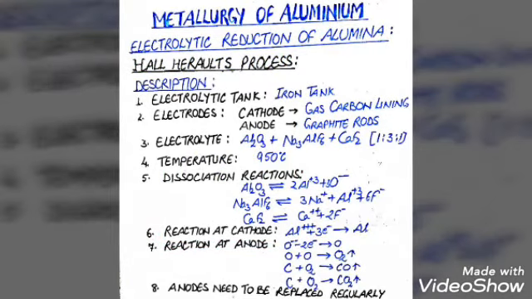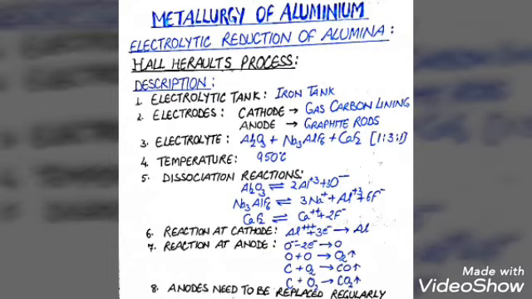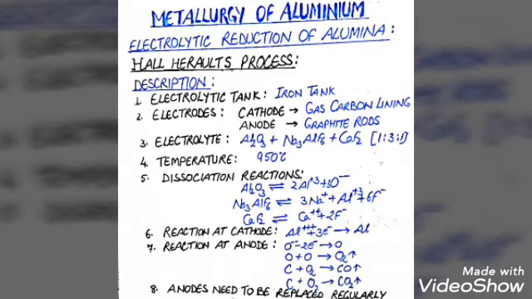The reactions taking place during the reduction of alumina are: first, all the components of the electrolyte will dissociate to form their ions. We have aluminium, sodium and calcium ions. These ions move towards opposite electrodes.